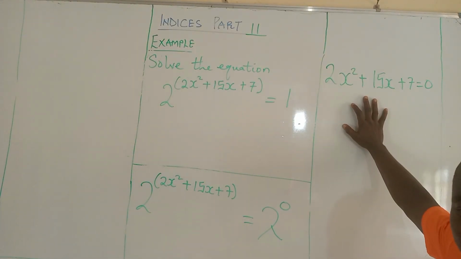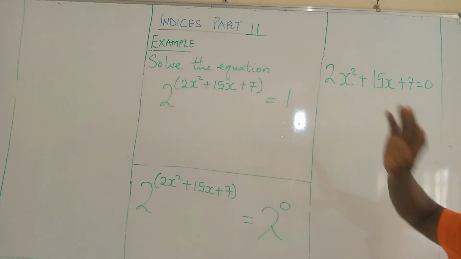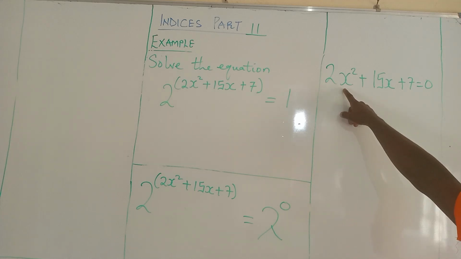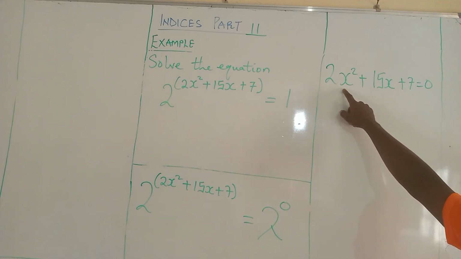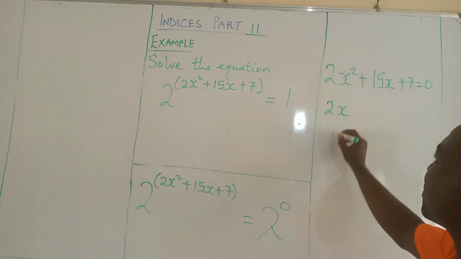It is factorizable. In factorization method, you first of all do the product of the first and the last thing, and so on and so forth. But there is an approach I want to use here. Think of two numbers that when you multiply, you have what is here. Just two numbers that when you multiply, you have 2x squared: 2x and x.